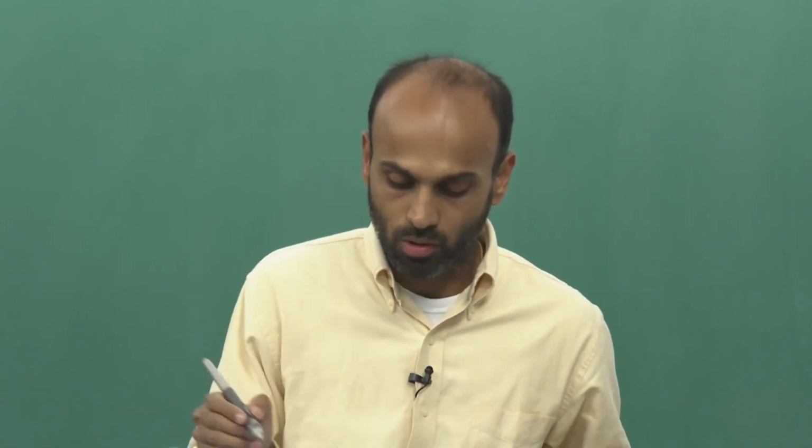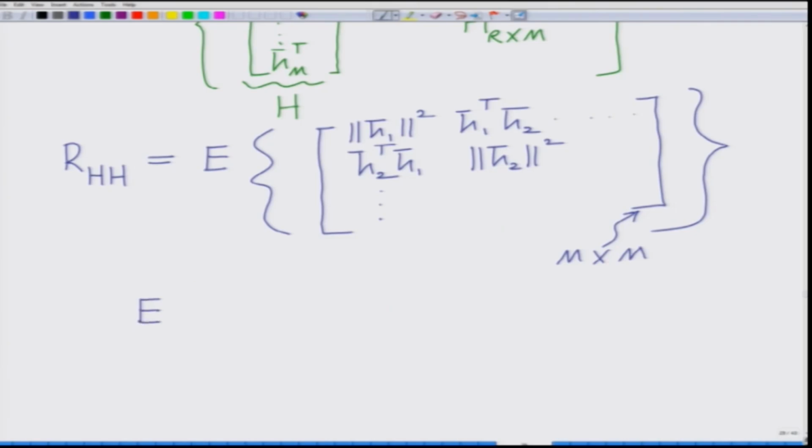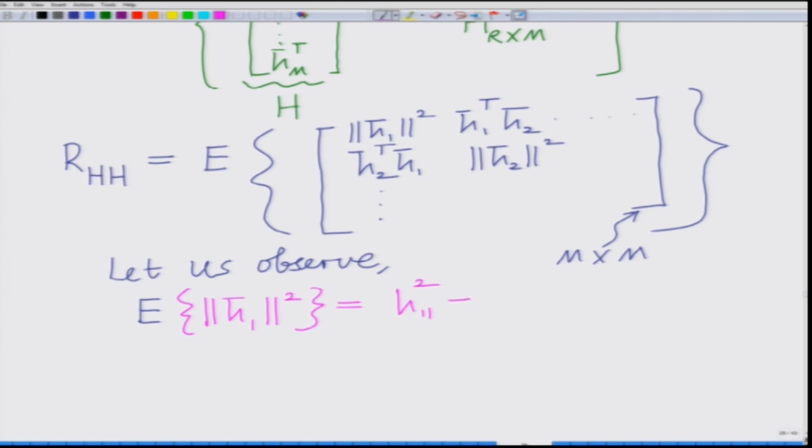Now let us observe and simplify this quantity, expected value of norm H1 bar square. This is equal to expected value of H11 square plus H12 square plus so on up to H1R square.